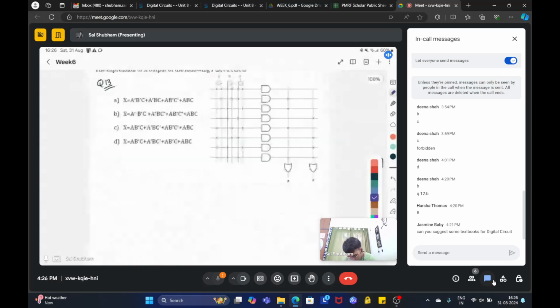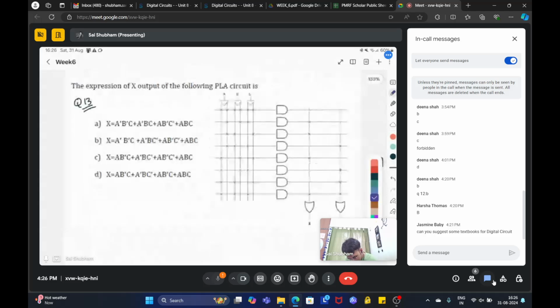So this is the next question. The expression of X output of the following PLC circuit is.